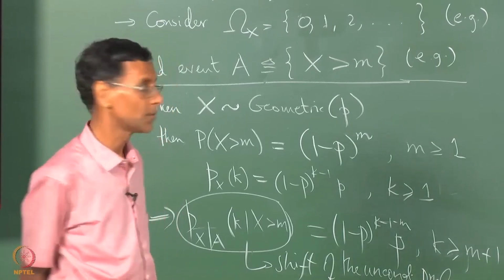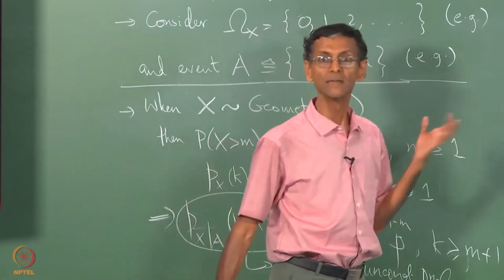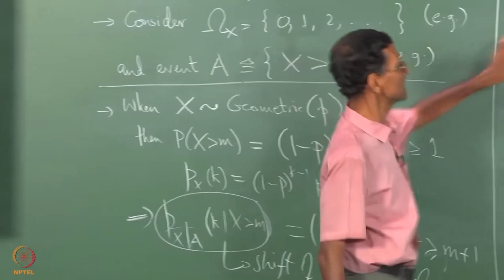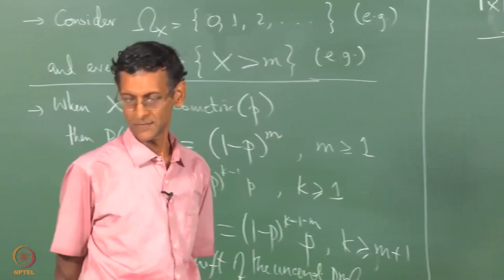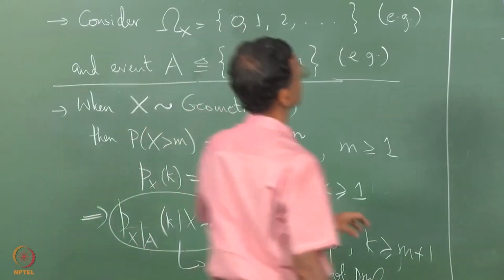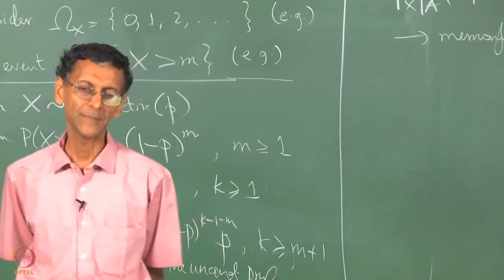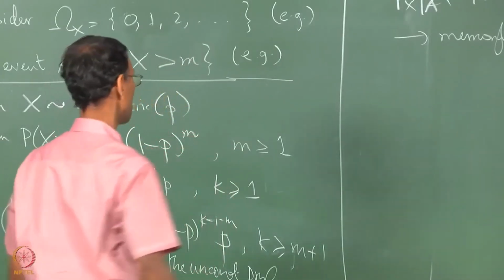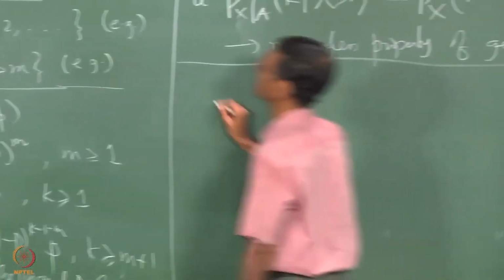Is this clear? Just remember this one line tells you everything about this particular feature of the geometric PMF, and it is not shared by other discrete PMFs, in particular Poisson, as an example we will look at that also.